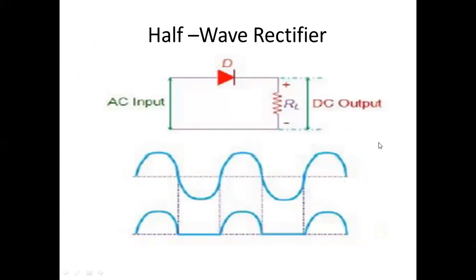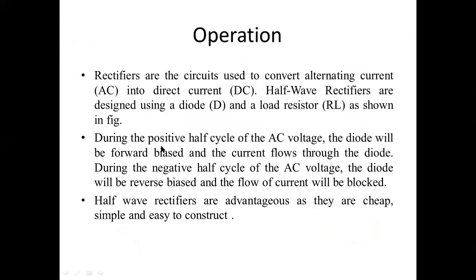Its principle I have already explained, but for your understanding I will read this here. Rectifiers are the circuits used to convert alternating current into direct current. Half wave rectifiers are designed using a diode and a load resistance to limit the current, as shown in the figure.